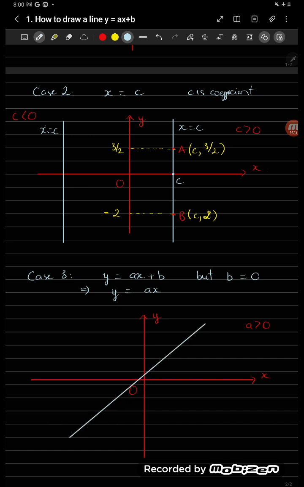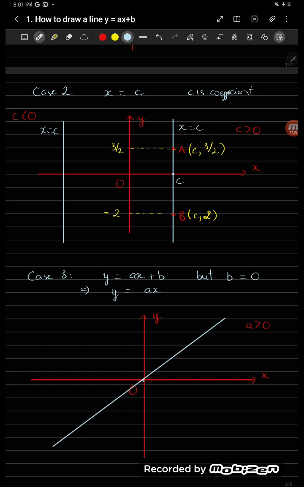Oh sorry, my bad, I don't know why I cannot draw nicely. Okay, let's say it's like this.